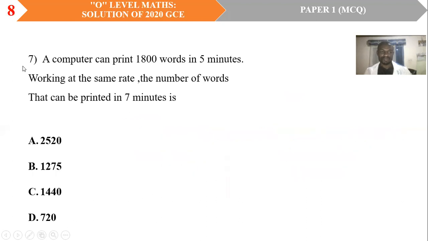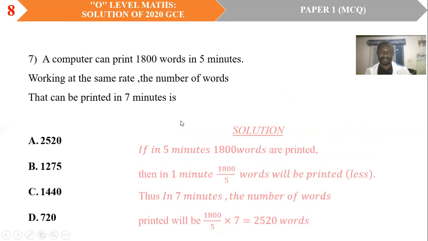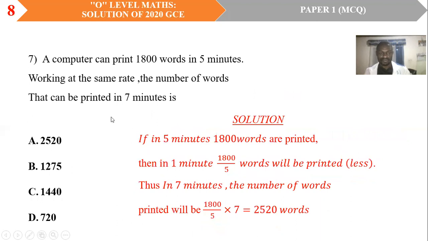Question 7. A computer can print 1,800 words in 5 minutes. Working at the same rate, the number of words that can be printed in 7 minutes is, this is simple proportion. Solution. We use the unitary method.